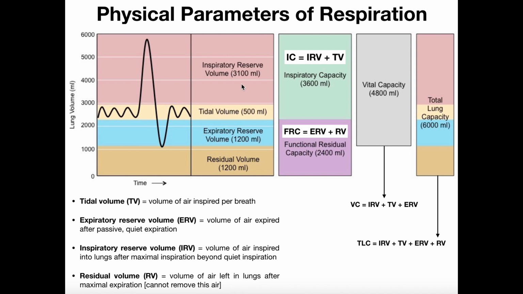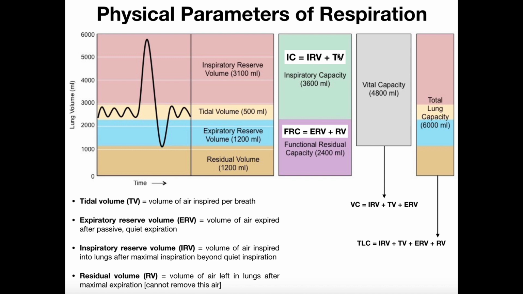Notice that in this example, if we assume the IRV is 3100 mLs and the tidal volume is 500 mLs, then the inspiratory capacity is just the sum of those, so 3600 mLs. Expressed as an equation, the inspiratory capacity is the inspiratory reserve volume plus the tidal volume.